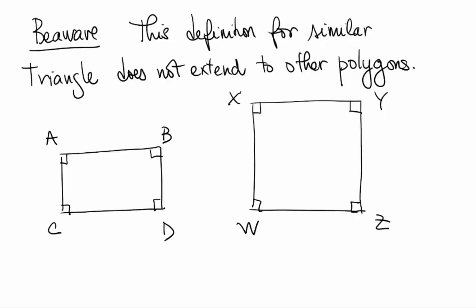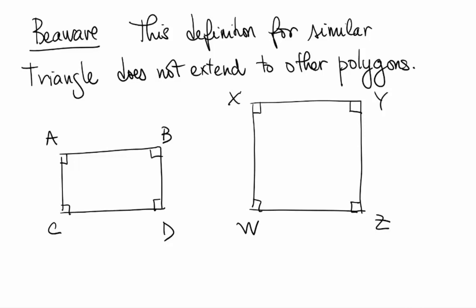Okay, one needs to be very careful because this definition of similar triangles does not extend to other types of polygons. So for example, consider on the left hand side a rectangle ABCD, and on the right hand side a square XYZW.